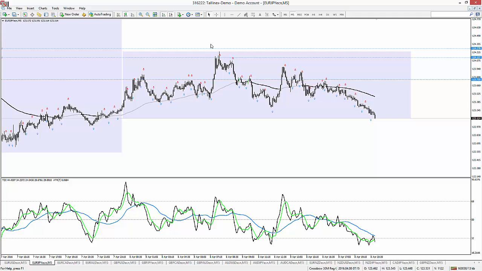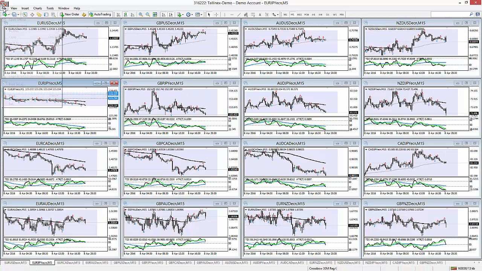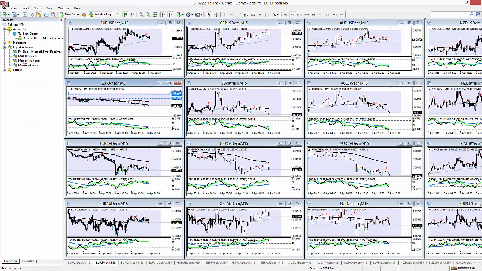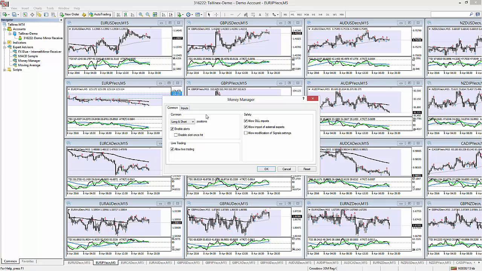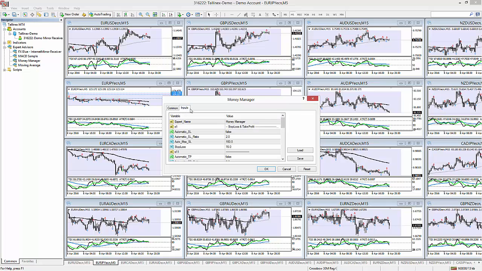What trouble did you have with the Money Manager EA? You've got to deactivate. There's a setting in there, Tony, that says, here, let me see if I have it on here. Hang on, guys. Money Manager. When you do this Money Manager EA, you put allow drag price lines, make that false.